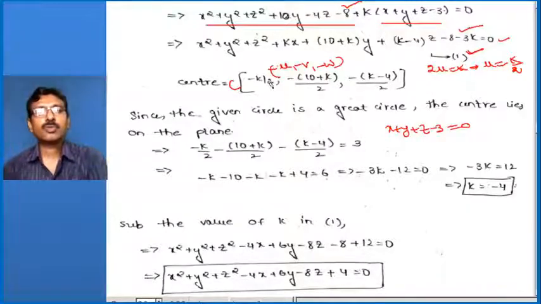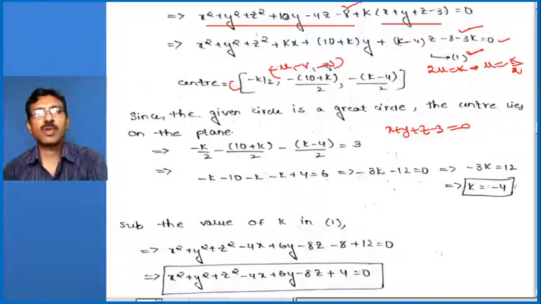So substituting the minus u, minus v, minus w values in the plane equation, we get minus k by 2 minus (10 plus k) by 2 minus (k minus 4) by 2 equal to 3. Multiplying 2 on both sides, the 2s are cancelled: minus k minus 10 minus k minus k plus 4, 2 threes are 6.